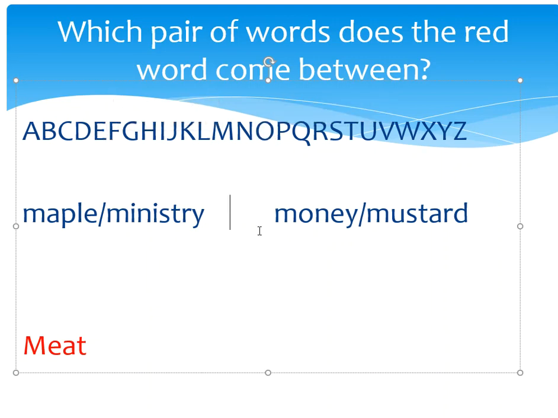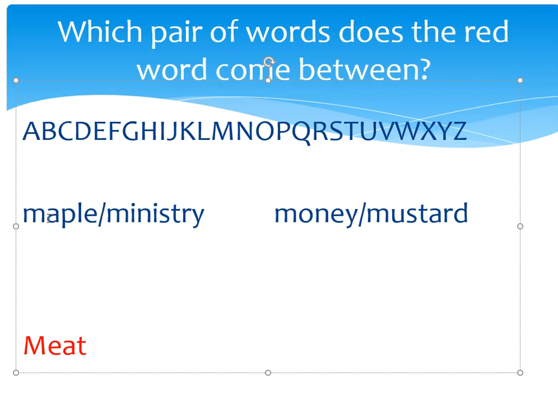No. And then mustard is second. Now mustard could have been the second guide word because does M-U come after M-E? Yes. But this can't be the correct answer because M-O cannot come before M-E. So that must mean that maple and ministry here has to be the correct answer.